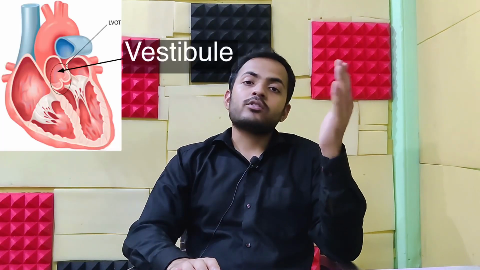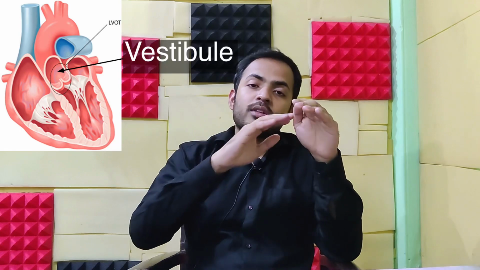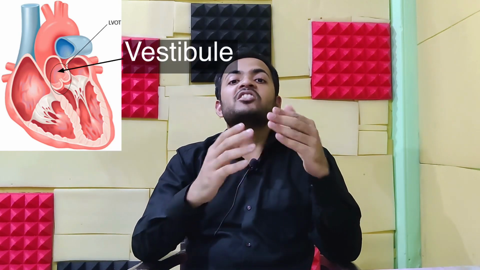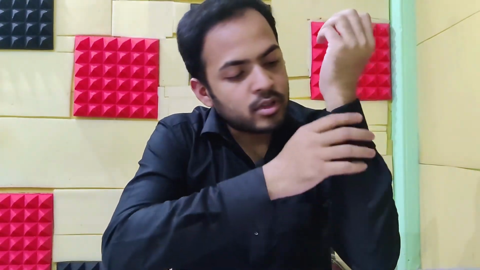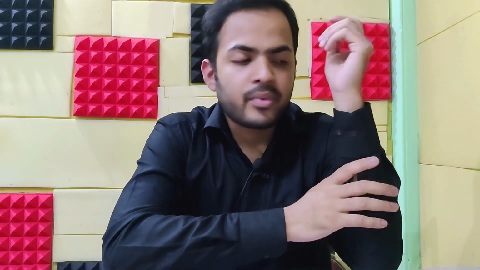Okay, outflow part is also smooth, and the base of this aorta is known as vestibule. Okay, now this aorta is also guarded by aortic valves. Okay, now one extra knowledge point for you: suppose this forearm, my forearm, is the left ventricle, and this wrist is the aortic valve, and this hand is the aorta.